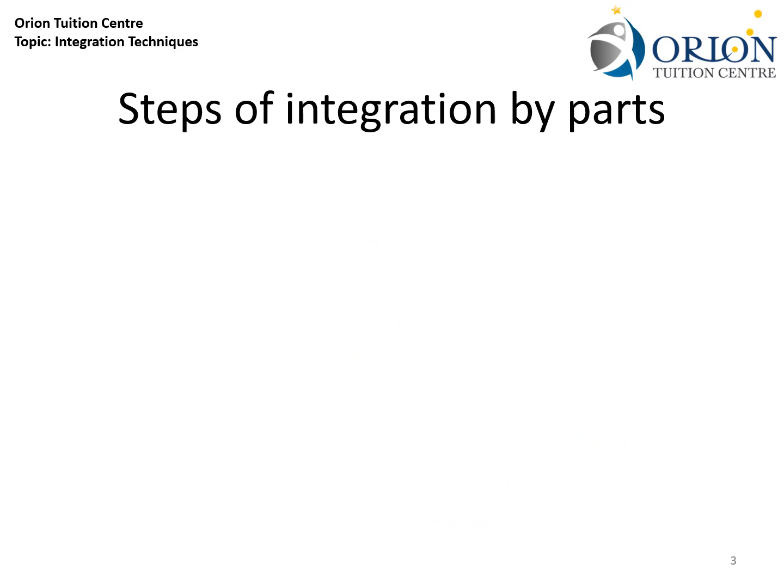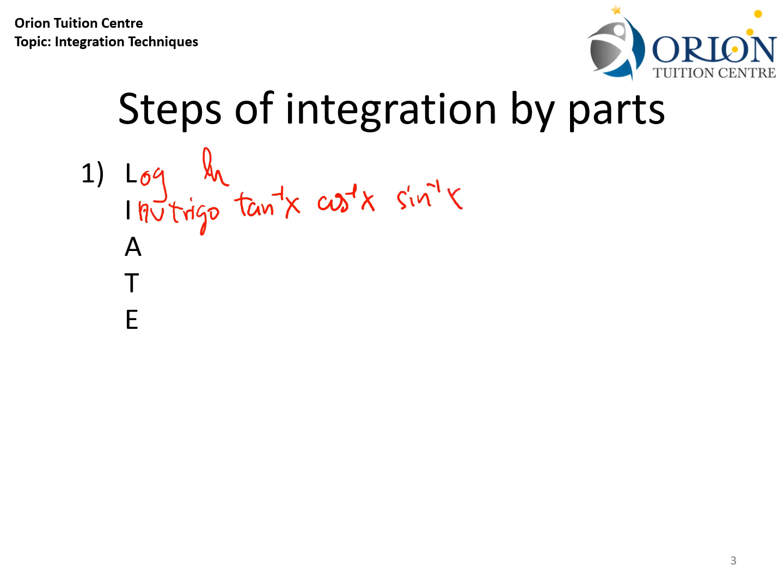Integration by parts can easily be completed in 3 steps. The first is to determine 2 terms, one term to differentiate and one term to integrate. This can usually be done using the LIATE rule, where L stands for the log term, such as your ln, I stands for inverse trigo, such as tangent inverse x, cos inverse x, or sine inverse x.